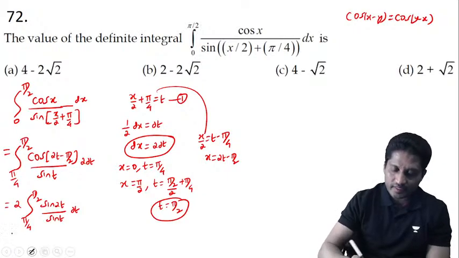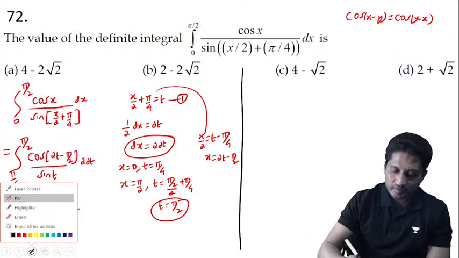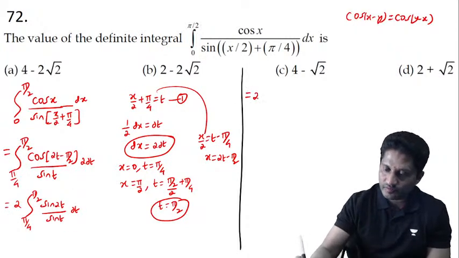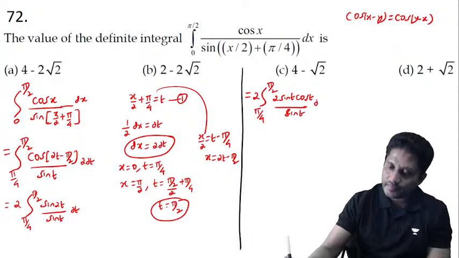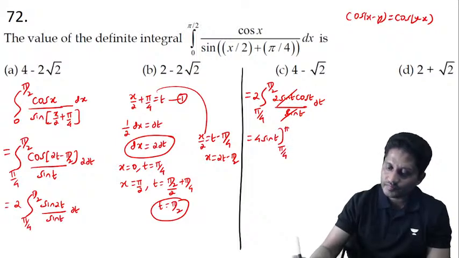Now this can be written as 2 times integration of pi by 4 to pi by 2. Sin 2 theta can be written as 2 sin theta cos theta, divided by sin t and then dt. This will cancel. 4 times integration of cos t is sin t between the limits pi by 4 to pi by 2.